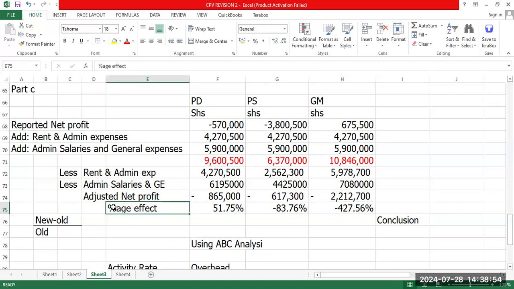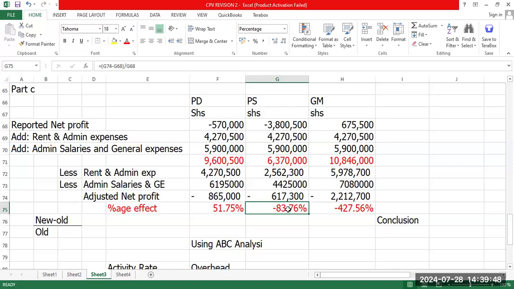So in your conclusion, what you're going to do is to just say that the PS department proved to be the best performing department when its losses reduced by this percentage.